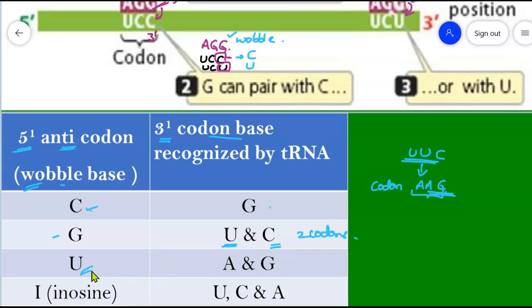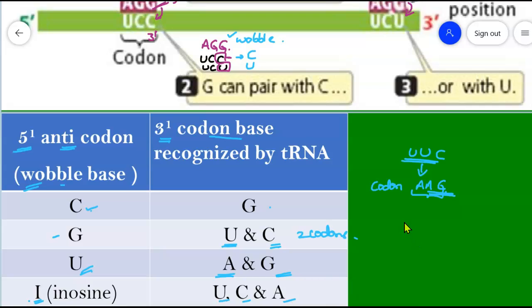If uracil is the wobble base, it can recognize two codons, one ending with adenine and another ending with guanine. If inosine is the wobble base, it can recognize a maximum of three codons, one ending with uracil, another ending with cytosine, and another ending with adenine.